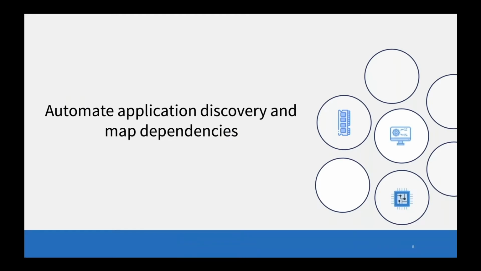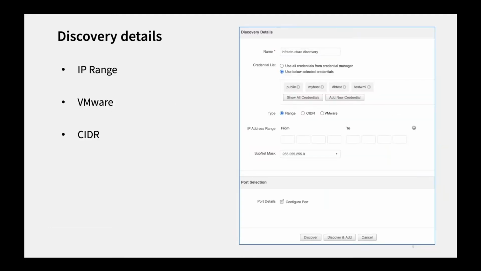So moving quickly onwards to the first topic in today's agenda, that is automating application discovery and mapping dependencies. Within Applications Manager, the discovery process is enabled with the help of three different ways.